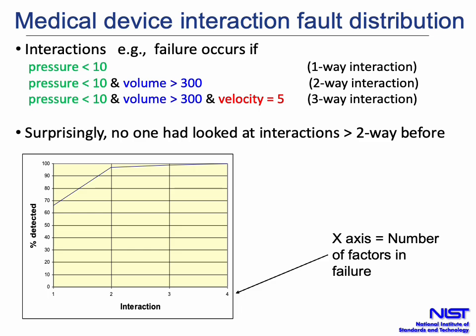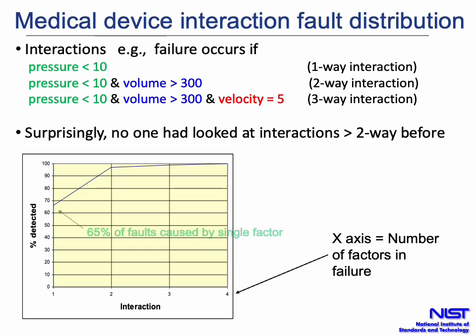So what we found, looking at, in this case, 1, 2, and 3-way factors up to 4-way factors, the number of factors involved in a failure is shown on the x-axis. The cumulative percentage of failures that occur as a result of an interaction with that number of factors is shown on the y-axis.